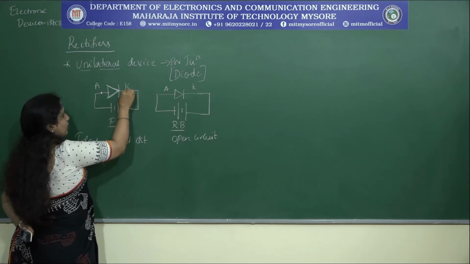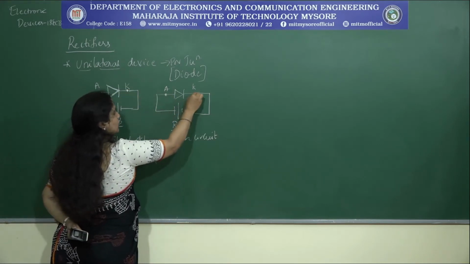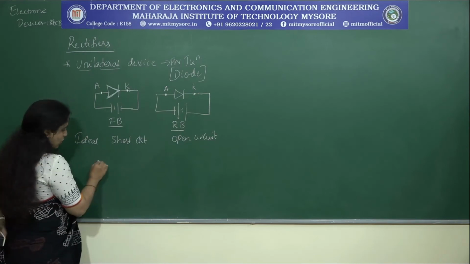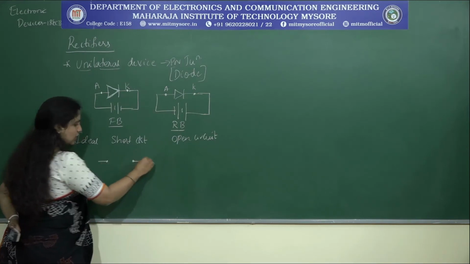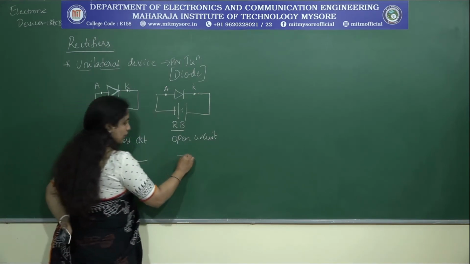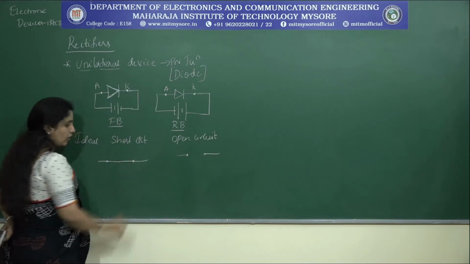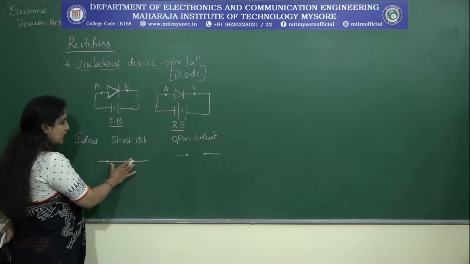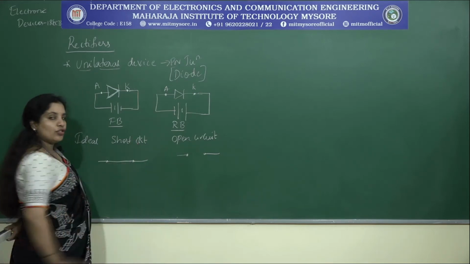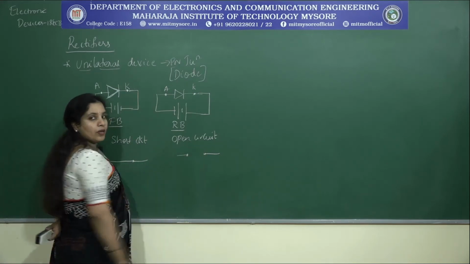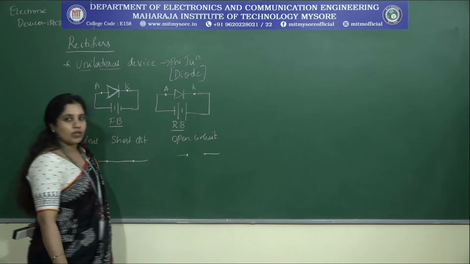Let me point out these two terminals of the diode. So this is the anode terminal, this is the cathode terminal. Similarly here I'll write it. Now if I connect a simple wire between the two ends, then I refer to this as a short circuit. If I leave it open, then I say it is an open circuit.